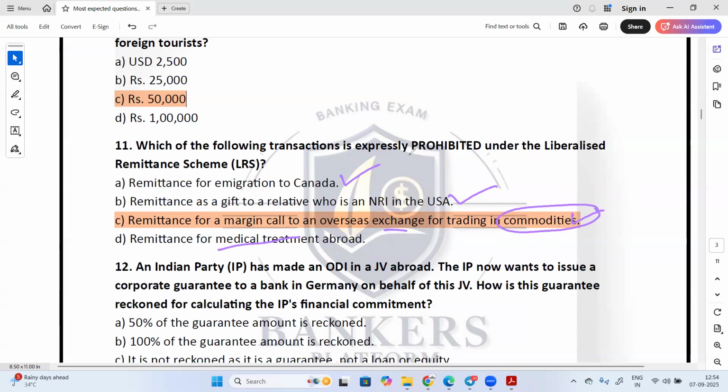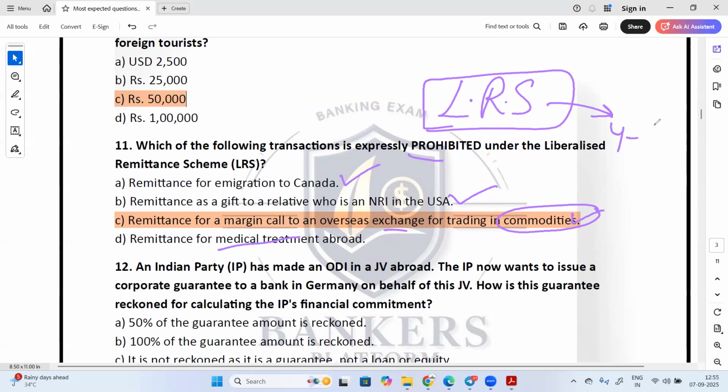So, what are the prohibited items and what are the allowed things? We have already discussed that in our dedicated video on LRS. You can just go to our playlist and find the video on LRS, where we have discussed all the things related to LRS. If you watch that video, you can secure 4 to 5 marks in your exam, because LRS is a topic where the examiner wants you to have a thorough understanding.